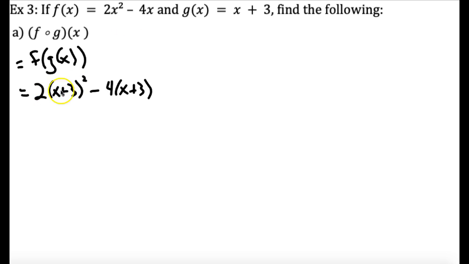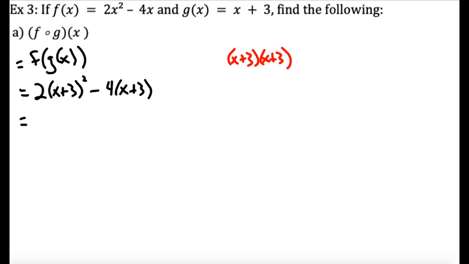So I want to square this first. Right? So again, remember, we cannot just distribute that exponent. Remember, x plus 3 squared means x plus 3 times x plus 3. Right? So we could FOIL this out, right?